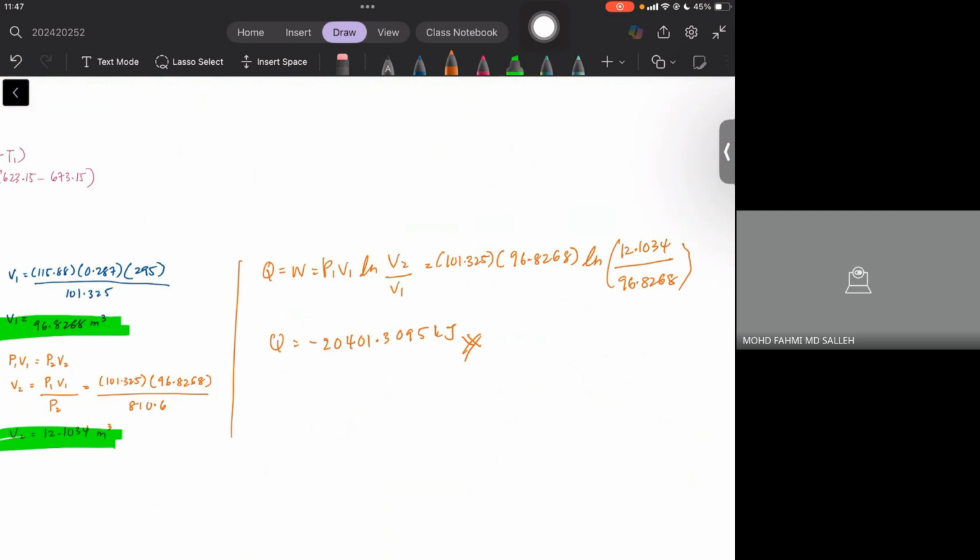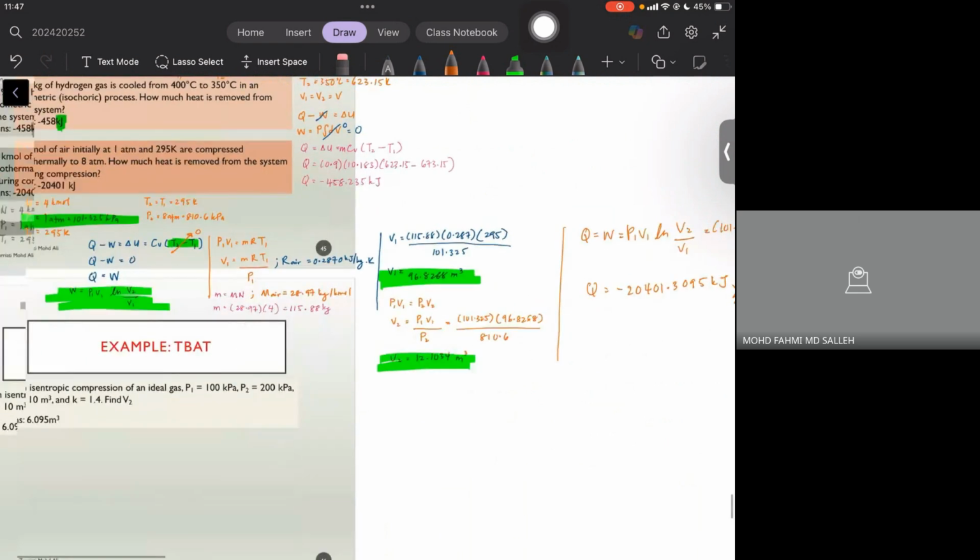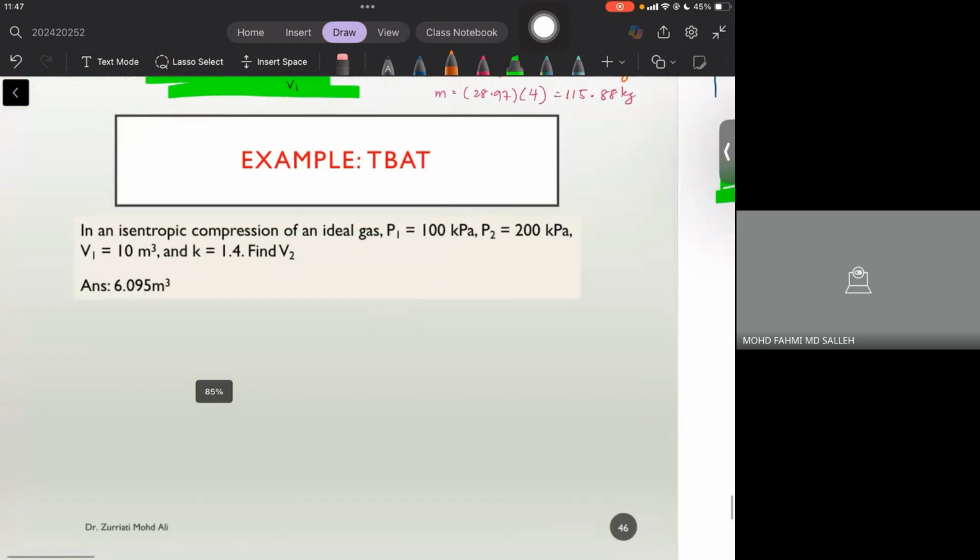All right, now let's have a look at the last question. In an isentropic compression of an ideal gas, P1 is equal to 100 kilopascal, P2 is 200 kilopascal, V1 is 10 meter cube, and k is 1.4. Find V2.